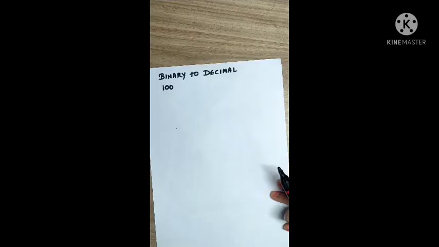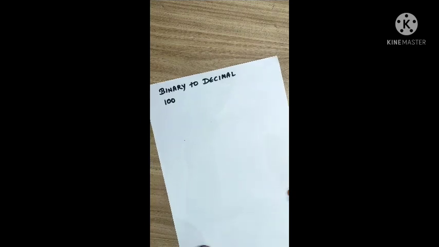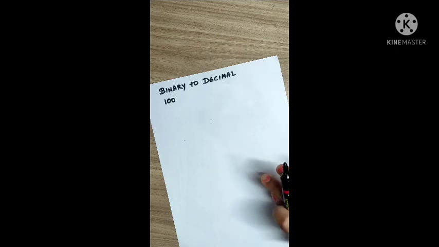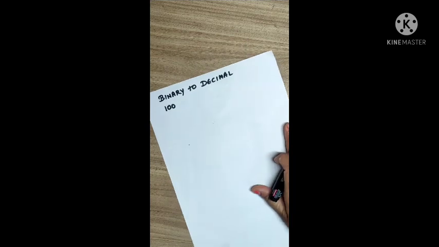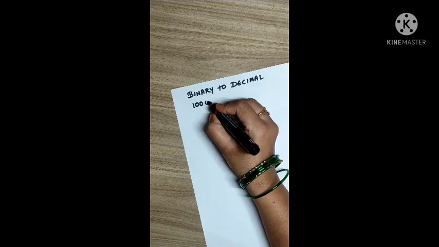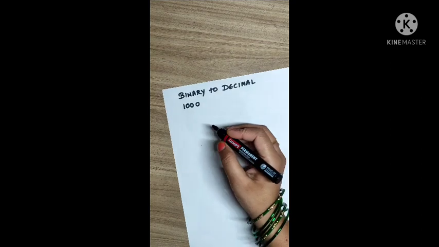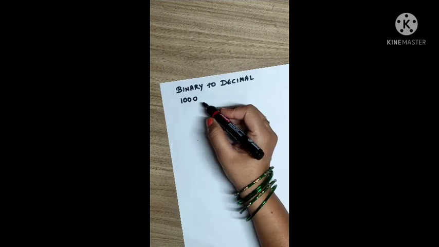Okay, so now how to convert binary to decimal, I have to tell you. This is just the reverse of the conversion of decimal to binary, where we divided. Here we'll multiply by 2. Okay, so how will it be done? I have written the number 100. Now from the right hand side, just start writing the power of the digits.